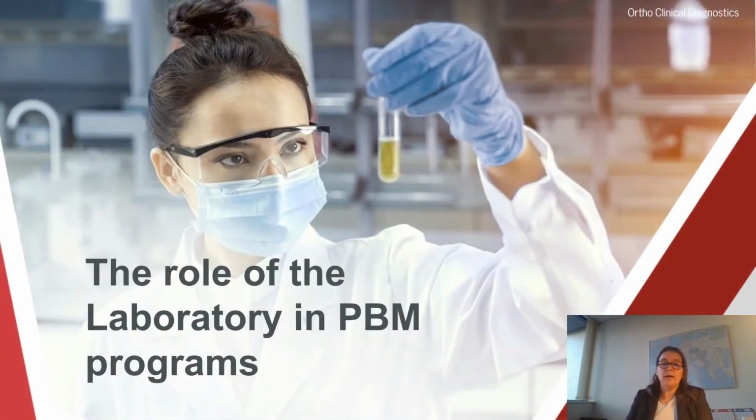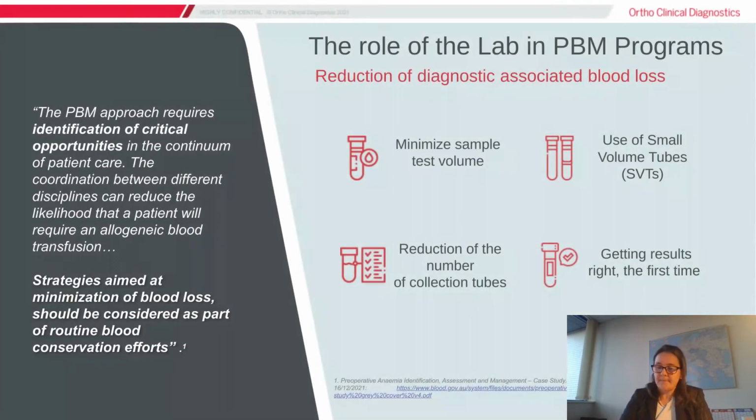So now let's speak again about the role that the lab can play in PBM progress. I'd like to highlight the Australian National Blood Authority definition of the patient blood management approach.